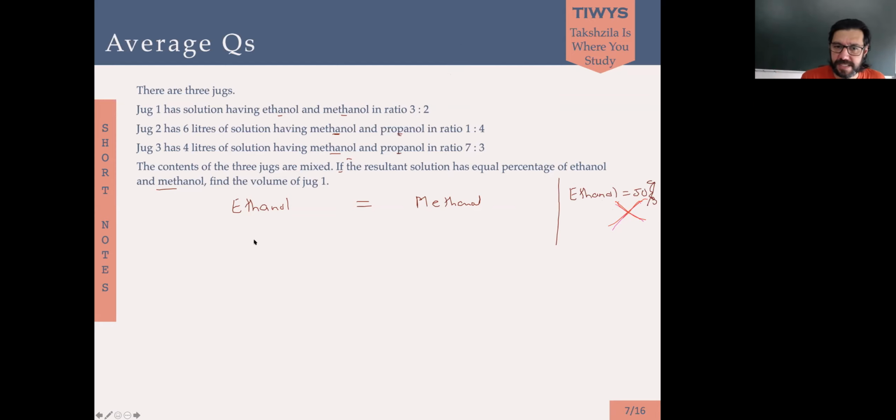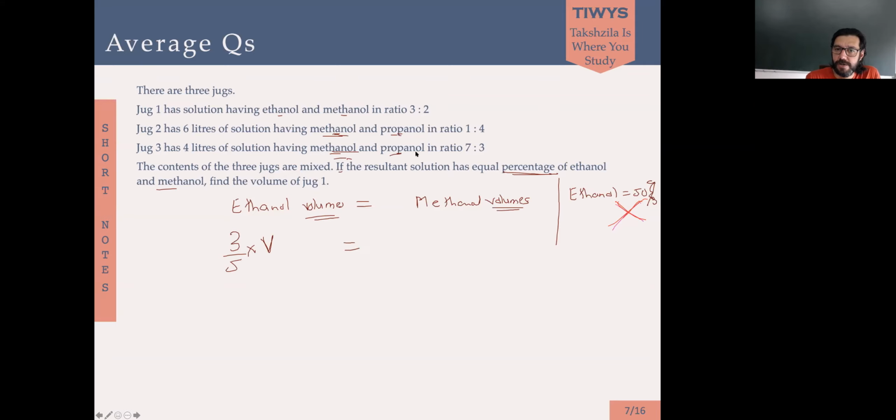Okay, since it's time, I'll just solve it. In fact, you know what? Instead of the percentage being equal, you could have also written that the volumes are equal. I've changed it to methanol and ethanol volumes are equal in the mixtures. So what is ethanol? Ethanol is going to be just 3/5 of that unknown, because ethanol is not coming from anywhere else.